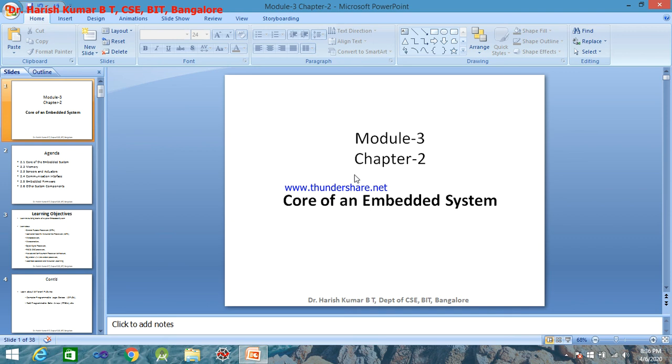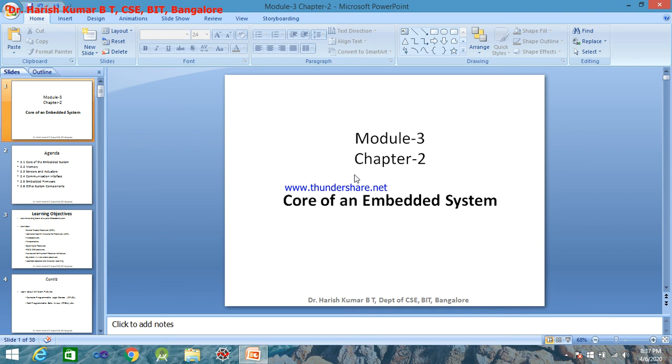Then you understood DSP, digital signal processors, which are used in embedded systems specially designed to deal with multimedia data. And then you understood two programmable logic devices which can also be used as a core in the embedded system: the complex programmable logic device and the field programmable gate arrays.